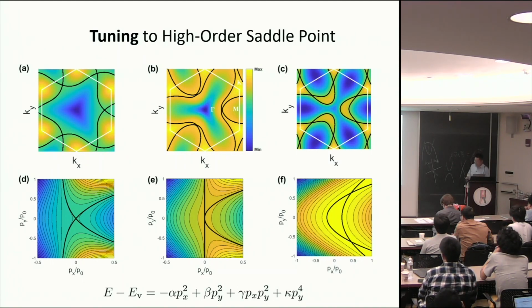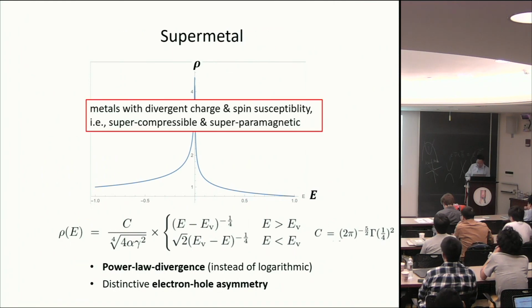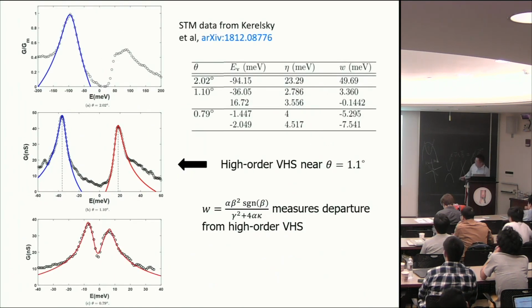There's a cutoff energy scale, a lower energy cutoff, and this W essentially is that lower energy cutoff. And indeed, as you go to this magic angle, this lower energy cutoff becomes very, very small. So over a wide energy window, the system can be regarded as a high order Van Hove singularity, while if you go to around 2 degrees, the system is far from high order Van Hove.